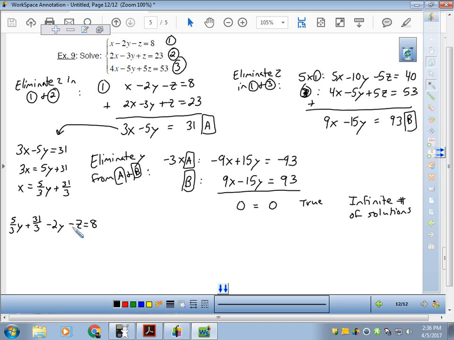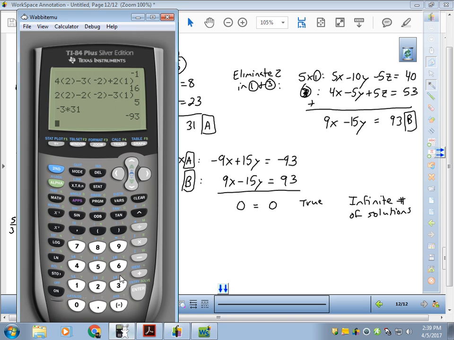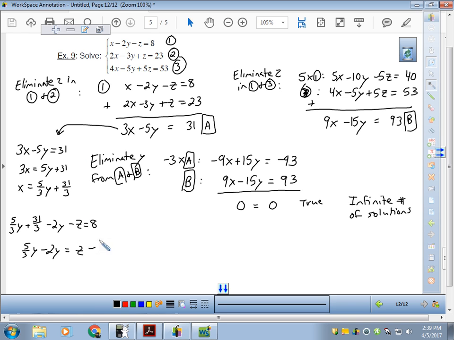So I'm going to move the z and the 31/3 over. So I'm going to have 5/3 y minus 2y equals z, and then 8 minus 31 over 3. So let's see what that is. 8 minus 31 over 3, change it back to a fraction, that's negative 7/3.